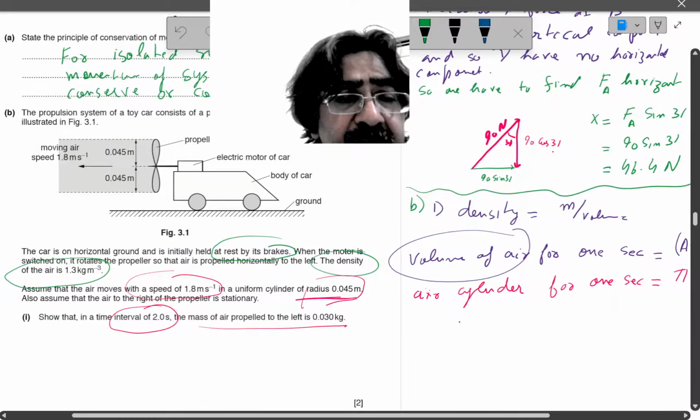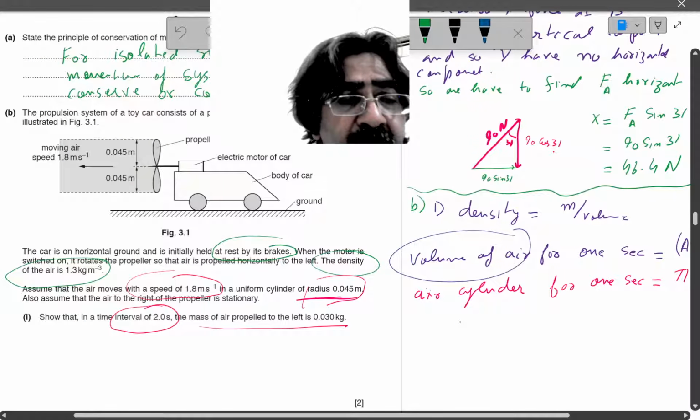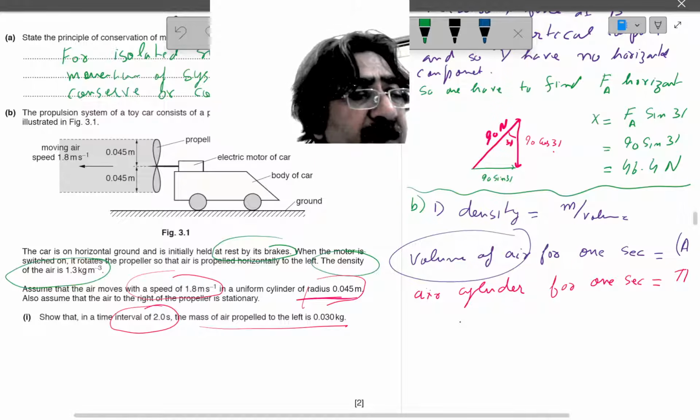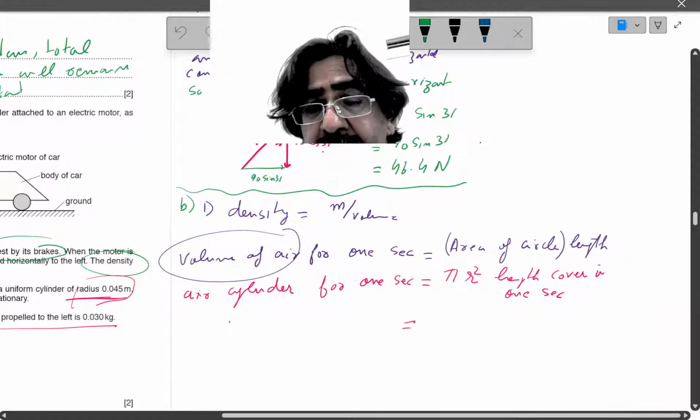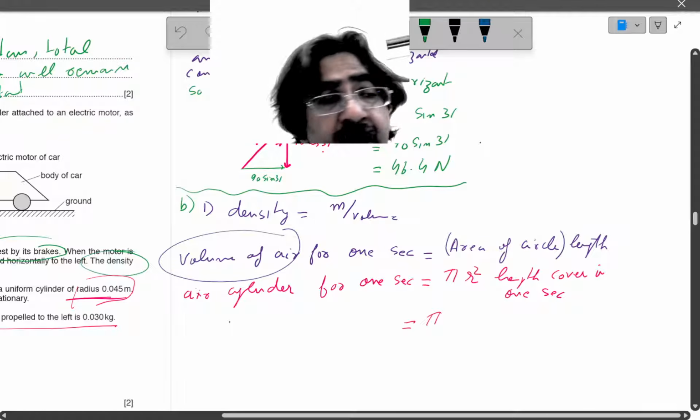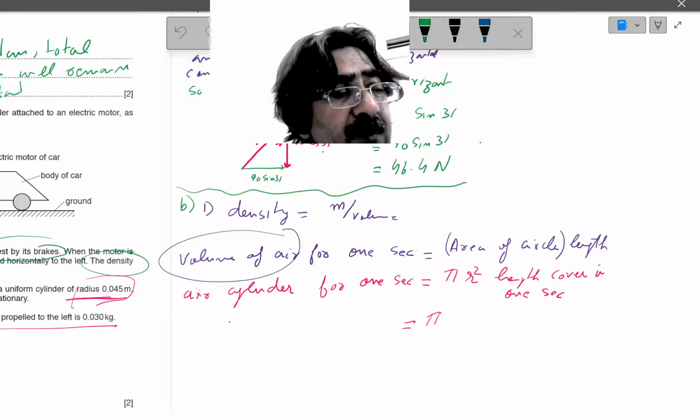That is given, and that is 1.8 meter. Speed of air is 1.8 meter per second.